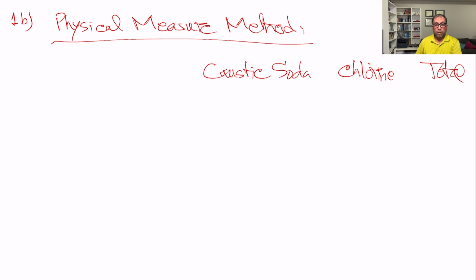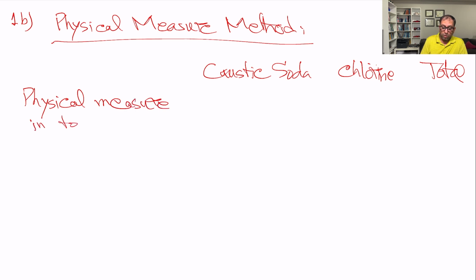We know how much caustic soda, physical measure in tons: 1200 and 800. So the total is 2000 tons.